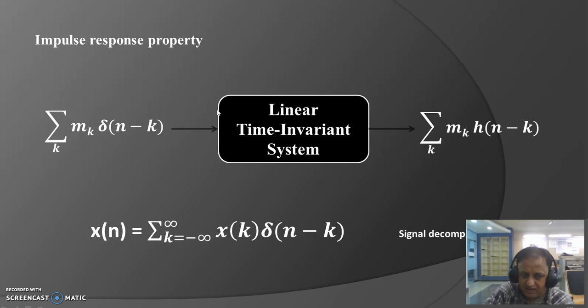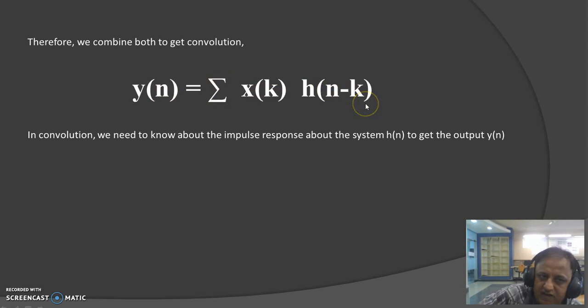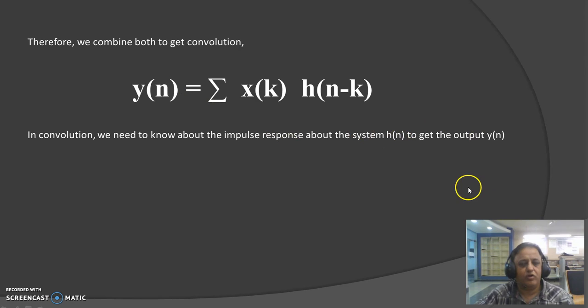Let's go back a slide: y[n] is the output of a linear time invariant system. It depends upon x[n], which depends upon δ[n], and δ[n] gives h[n-k]. So you combine these two properties to get y[n] as the summation of x[k] and shifted versions of h[n-k]. This is called the convolution operation. In convolution, we need to know the impulse response of the system h[n] to get the output y[n]. Thank you so much.